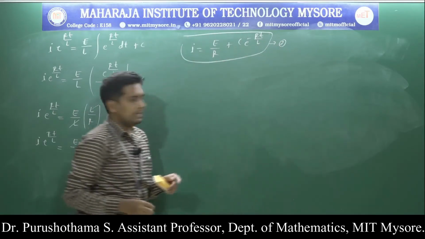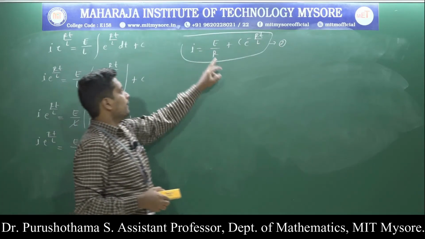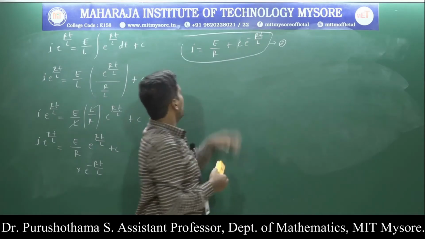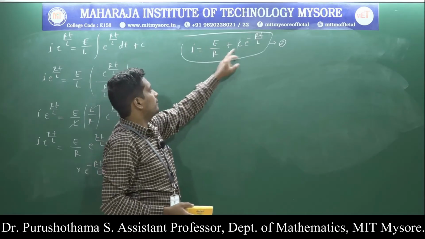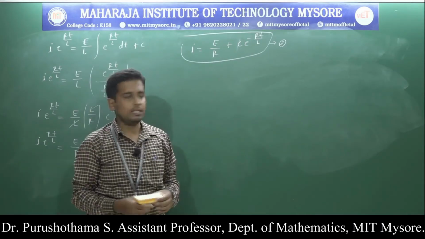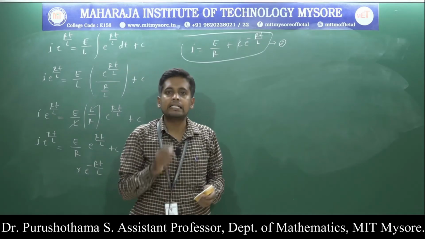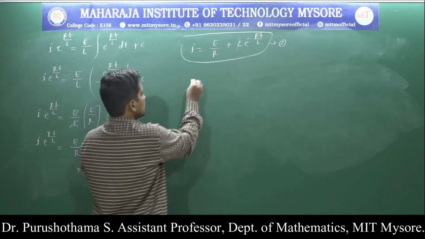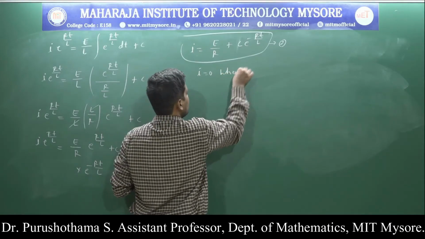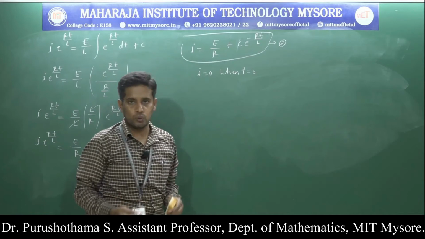The expression of I in terms of t is I = E/r + c·e^(-rt/L), call it equation 2. Now we shall apply the initial condition. Initially the current is 0 when t = 0.